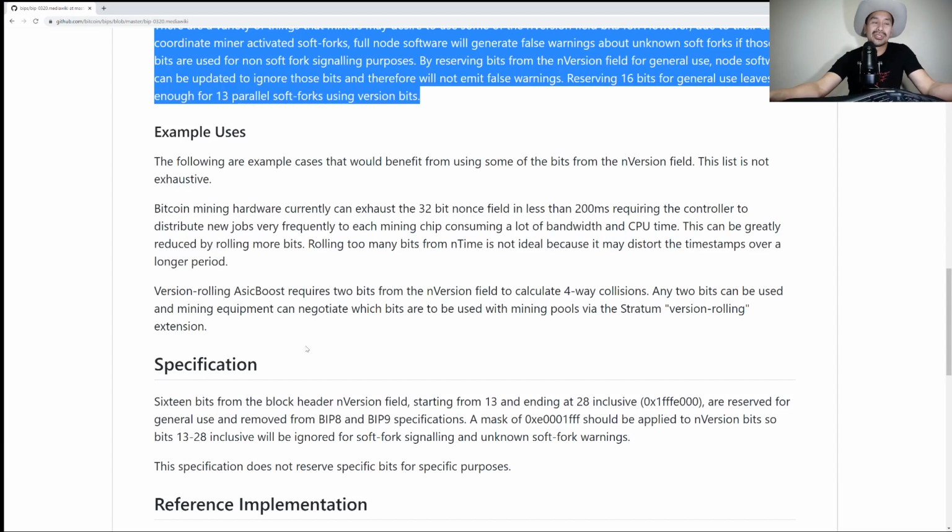You can also just use it as a nonce field. Modern equipment is even faster than 200 milliseconds to exhaust the nonce field. But every bit that you add doubles it, right? So if you add all 16 bits, that's 2 to the 16th more, which is 64,000 times 200 milliseconds.